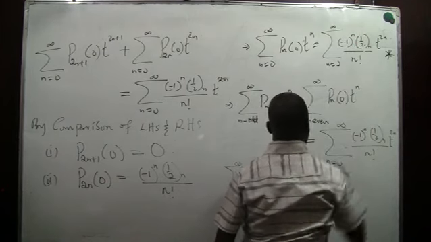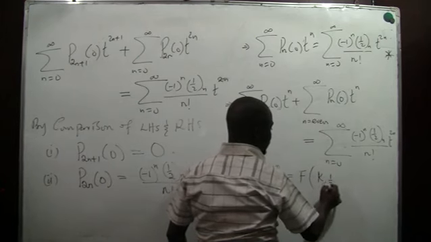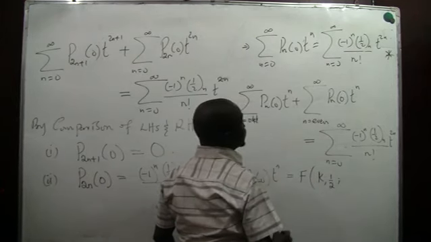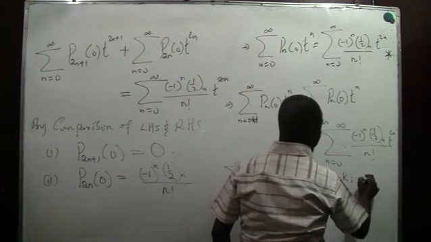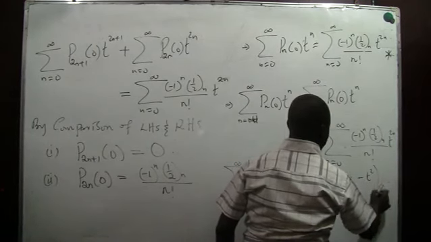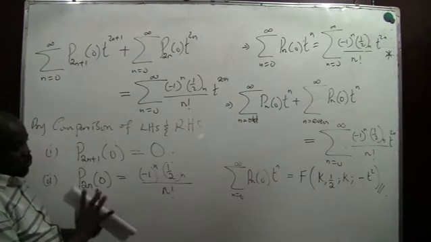Let that one be (k, 1/2; k; -t squared). That would have been the result if I want to convert it to hypergeometric form.